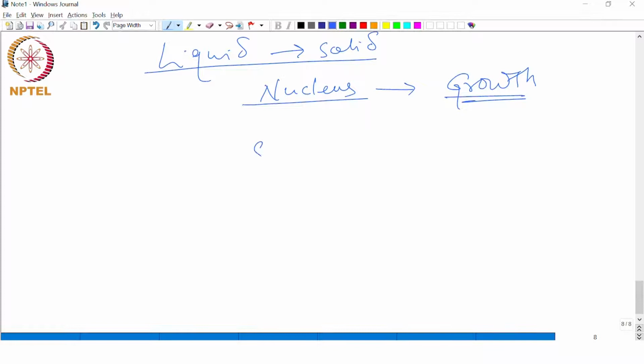So, that surface energy therefore has to be considered. And then you are also creating a new volume of solid material which will grow ultimately from the liquid, and therefore, the volume free energy also has to be considered.